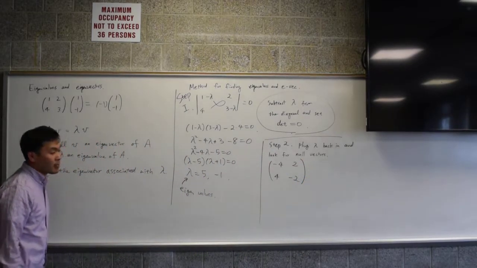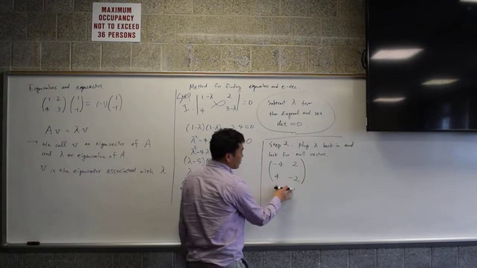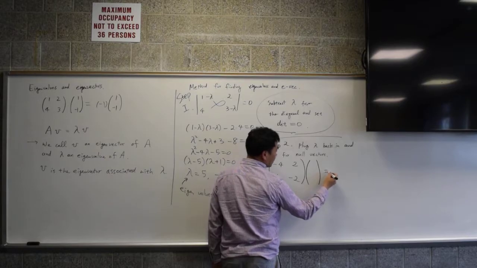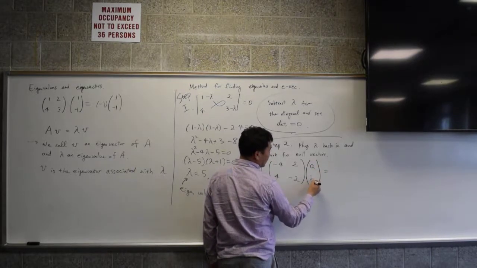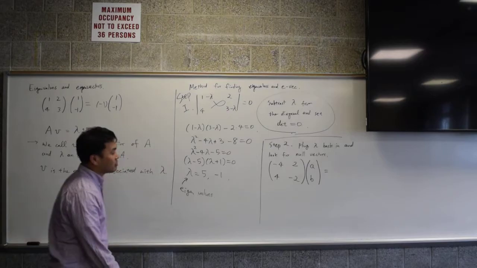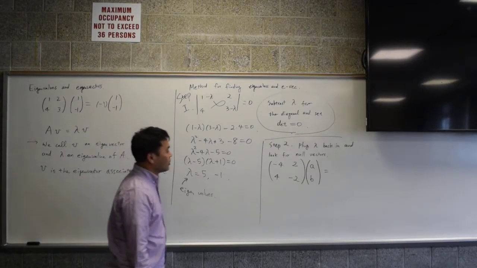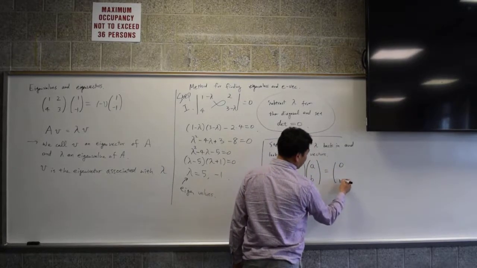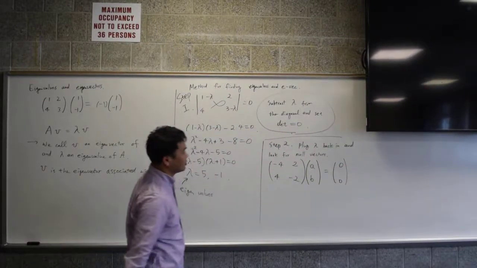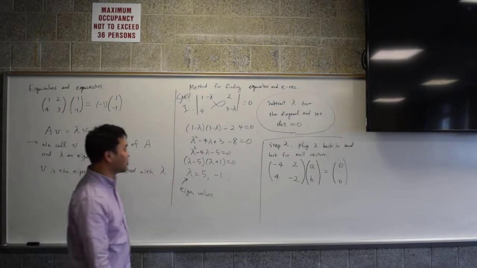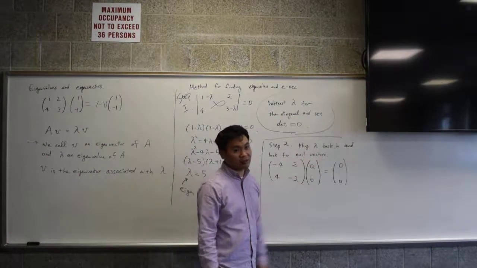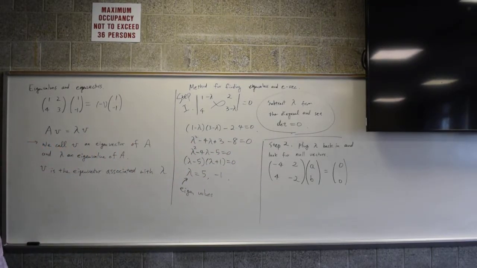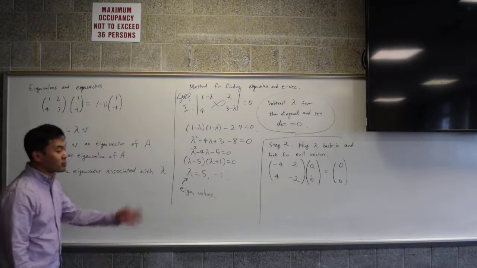I get that matrix. And then the null vector is a vector (a, b) whose resulting product is (0, 0). Some people say a vector in the null space, the null space of this matrix. That's the thing I want to know.